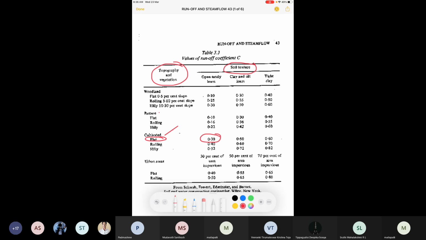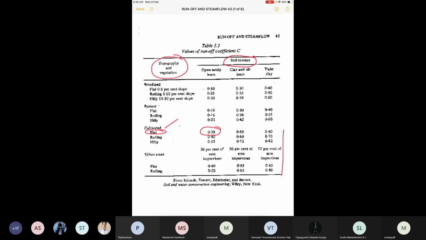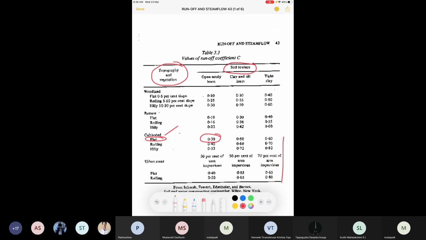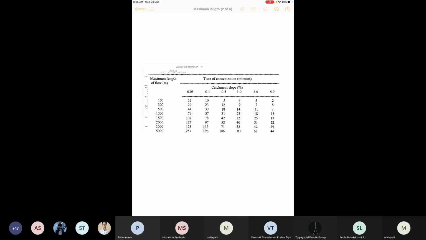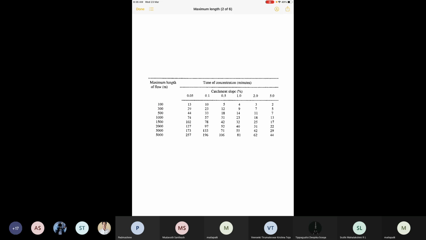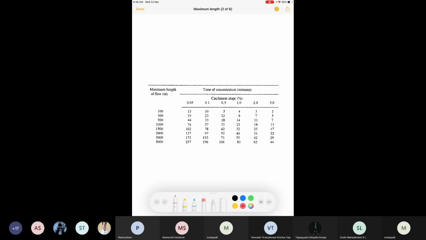Okay, and then similarly for rainfall intensity. First you have to find out the time of concentration, the TC.